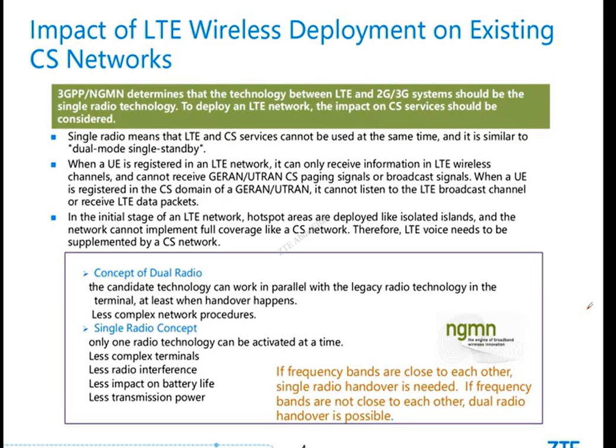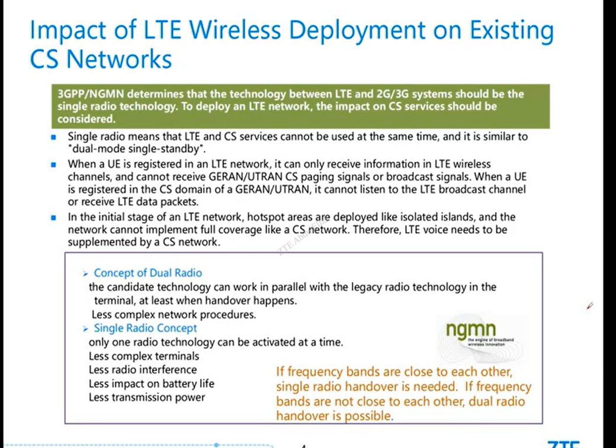And we can see the impact of LTE wireless deployment on existing CS network. The 3GPP has already determined the technology between LTE and the 2G, 3G system should be the single radio technology. So what is a single radio technology?